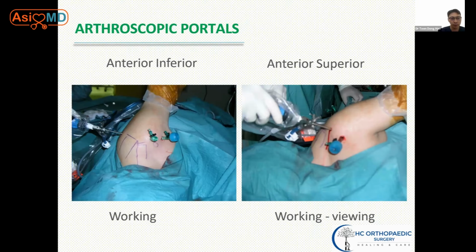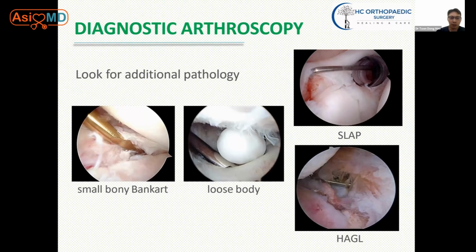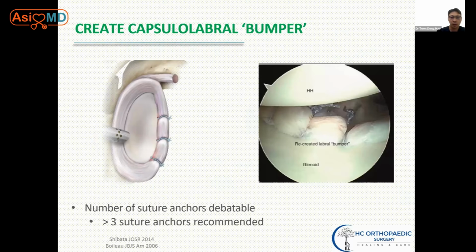So usually we have about 3 portals. Sometimes we can do with one single anterior portal, but suture management can be tricky in this scenario. We start off by looking for any additional pathology, such as a small bony Bankart, a loose body, or a SLAP tear, which sometimes can happen in shoulder dislocation. And then what we want to achieve at the end of the surgery is to create this capsular labral bumper that stabilizes the shoulder.